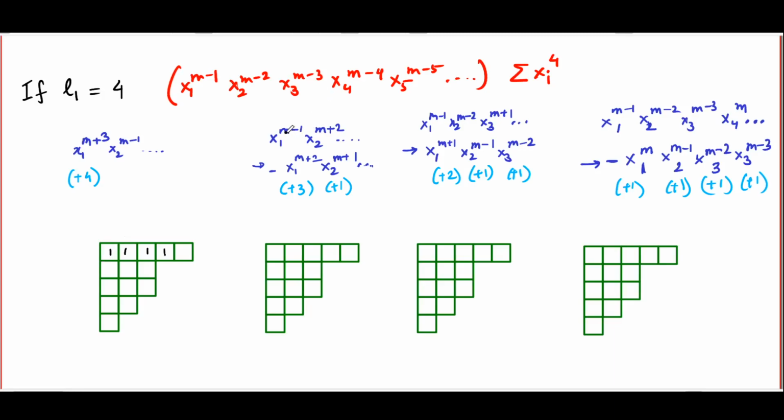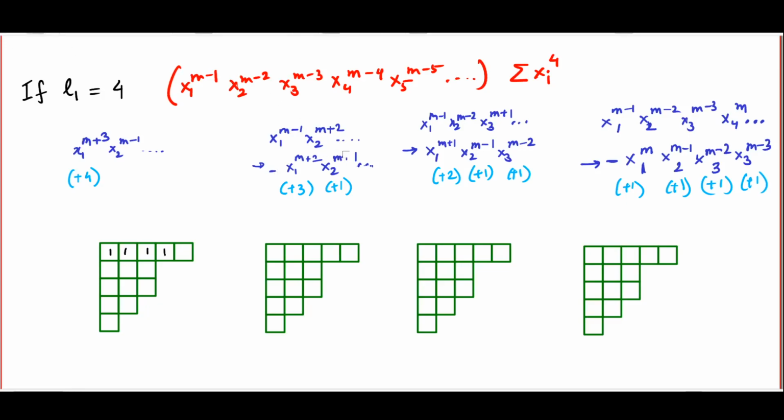You could also multiply by x2 to the power 4, that would move x2's power up to m plus 2. That of course would be a wrong order, so we need to switch these two to right. x1 to the m plus 2, x2 to the m plus 1. x1's power has gone up by 3, x2's power has gone up by 1.